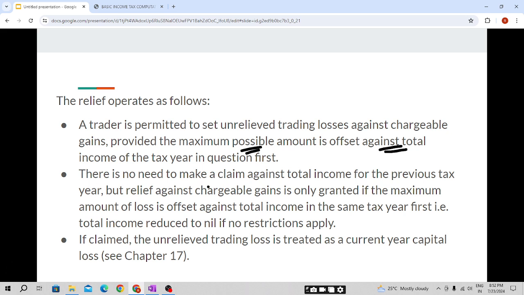There is no need to make a claim against total income for the previous tax year, but relief against chargeable gain is only granted if the maximum amount of loss is offset against total income in the same tax year. So students, I have set off my current year trading loss against the total income. Then I have the option to set off against the chargeable gain.